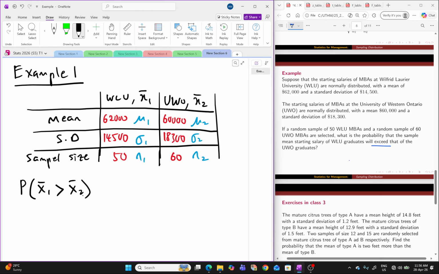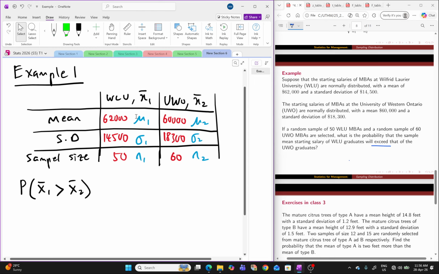Okay, ada dua universiti. Daripada dua-dua universiti ni kita pilih, we select 50 sample and 60 sample here. Okay, kita pilih 50 orang daripada WLU, 60 people from UWO.